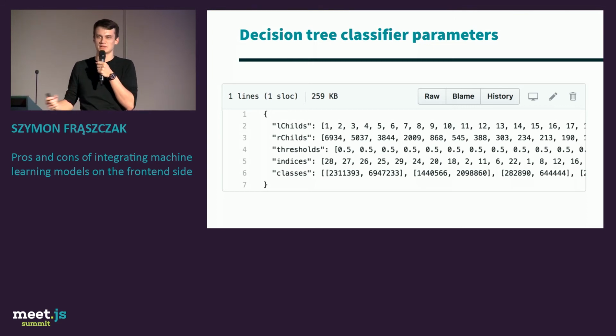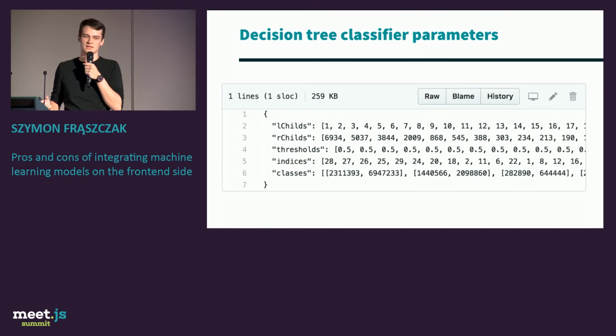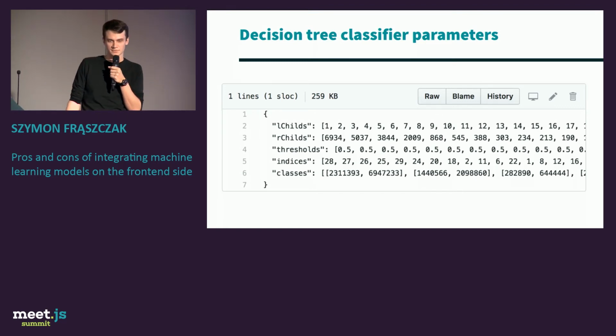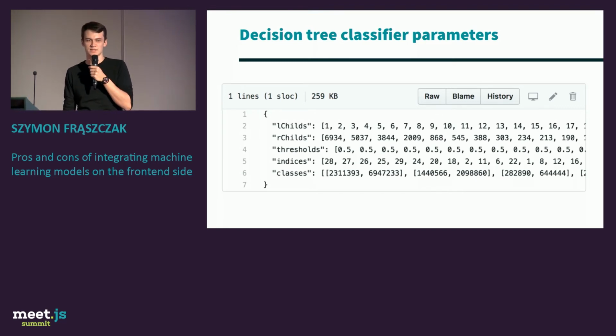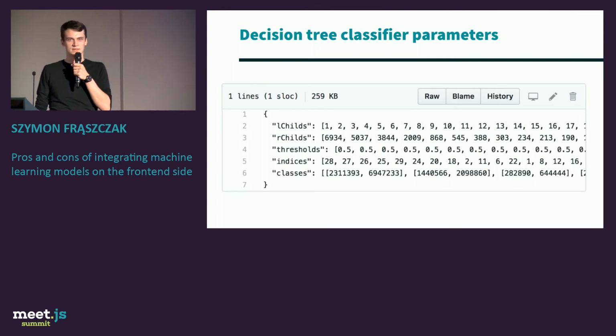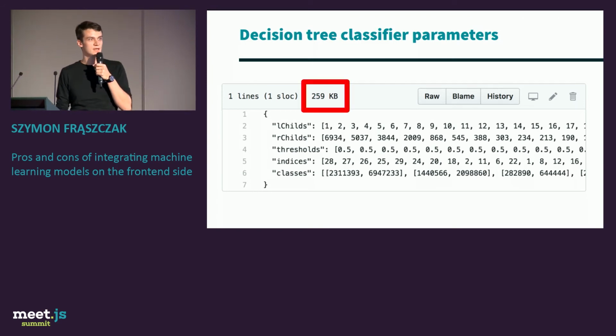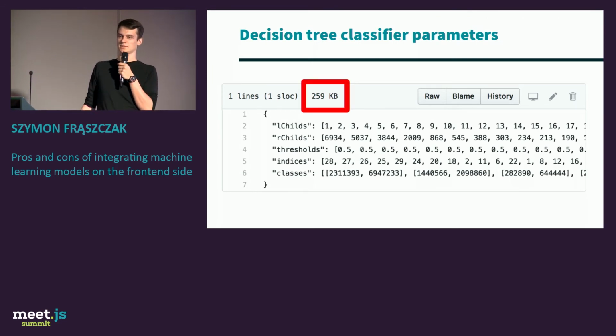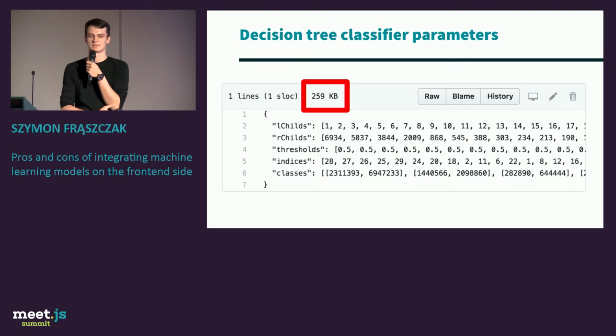Those parameters create the decision tree structure. And in our case, in this project, where we used 28 features, it turned out that the weight of the parameters is above 250 kilobytes. So we knew it's pretty heavy.